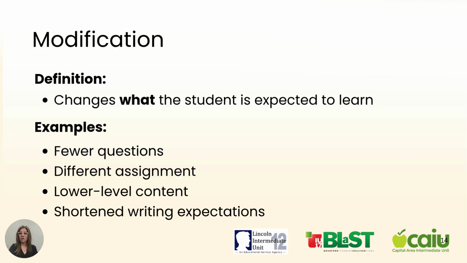For example, if the class is working on grade level comprehension questions, but a student is instead completing a much simpler passage with different questions, that would be considered a modification because the level of work has changed. Or if students are expected to write a 5 paragraph essay, but one student is only expected to write a single paragraph, the expectation for the task is no longer the same.